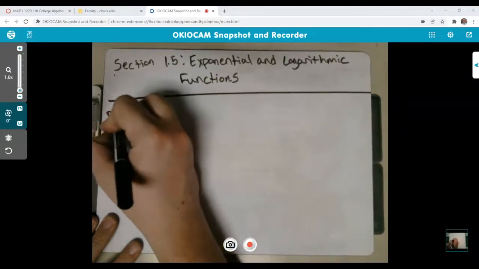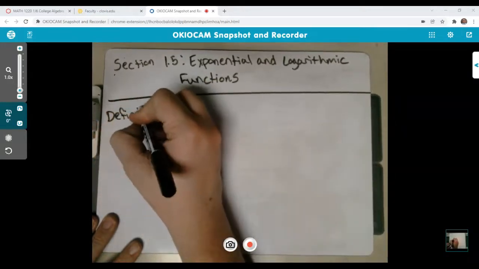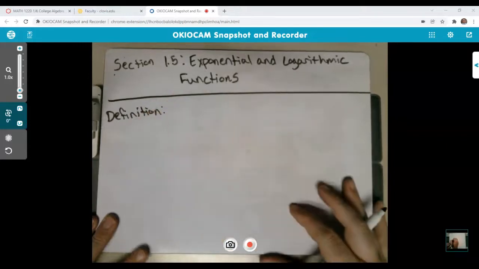Alright, let's start with a definition, and this is defining what an exponential function is. Definition.